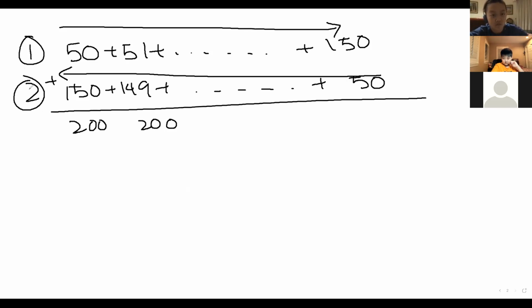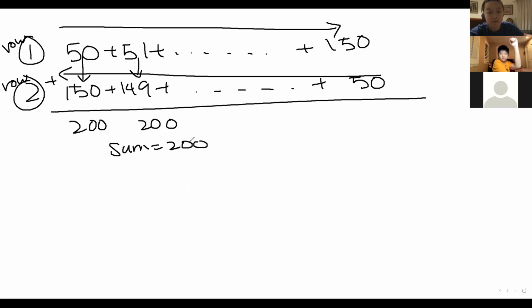This is row number 2. What's the sum of each matching pair? So this plus this plus this, what's the sum? 200. The sum is 200, right?